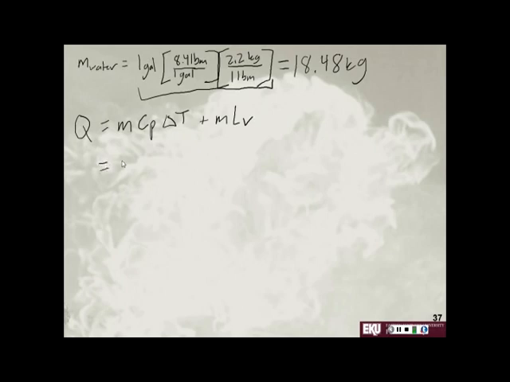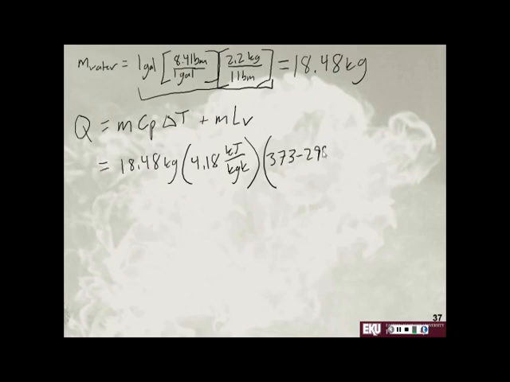So this is equal to 18.48 kilograms times 4.18 kilojoules per kilogram Kelvin times 373 minus 298, that's our change in temperature, plus 18.48 kilograms times our latent heat of vaporization, 2257 kilojoules per kilogram.